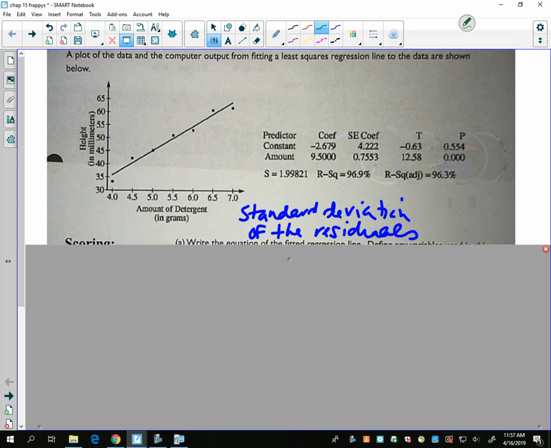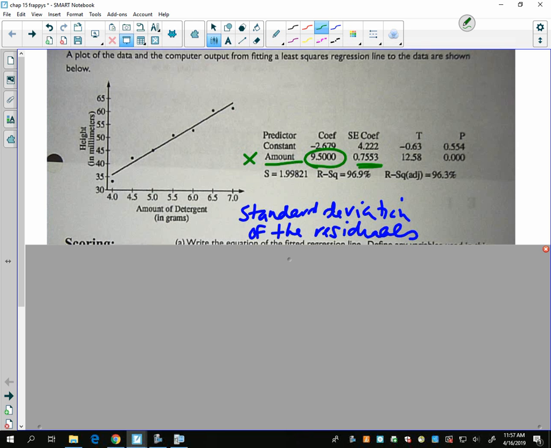So you have your amount, which is your explanatory variable, that's your x, and that's your slope, right? Now look, standard error coefficient. This would be your standard error of the slope, right here, the 0.7553.